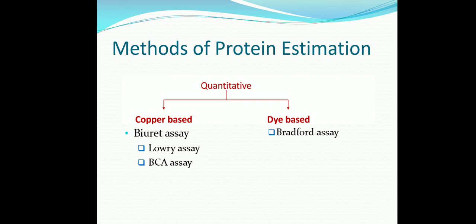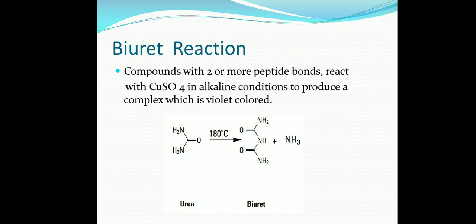The Biuret reaction is very commonly used in determining total protein. Compounds with two or more peptide bonds react with copper sulfate in alkaline condition to produce a complex which is violet in color. Here the example of urea condensation is given. When a urea molecule is subjected to a high temperature of 90 degrees centigrade, it forms a dimer. The two molecules condense to give biuret, and ammonia is evolved. This biuret then reacts with copper to give the violet color.